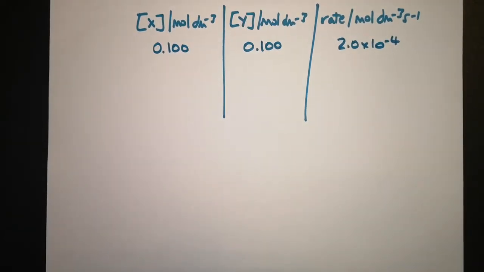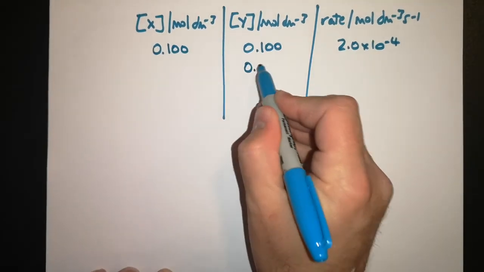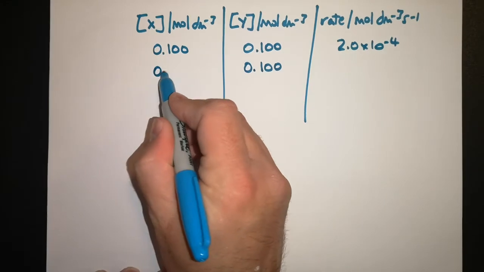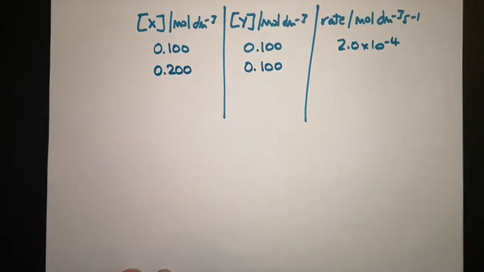Now what I would do is keep the concentration of one of the reagents the same and change the concentration of the other reagent. Then I know that any change in the rate is purely down to that reagent. So for example, let's say we kept Y at the same concentration, but I doubled the concentration of X to 0.2. I then find out what effect that had on the rate.